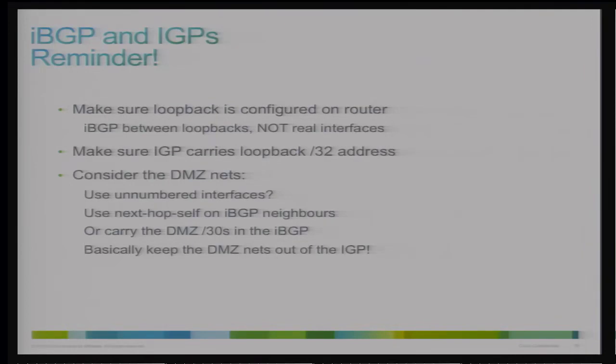So for routes that you advertise to your IBGP peer, if you receive a route from eBGP and advertise to IBGP, the default is you will preserve the next hop, which is the interface IP address of the DMZ. But the recommended way is to override that with the loopback IP address of the router.